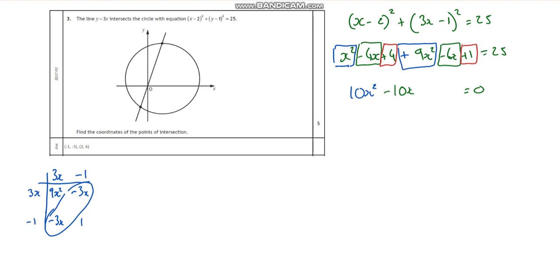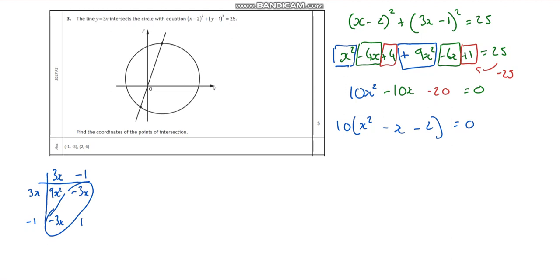So really what I should have just said, well, we can imagine, it's 5, take away 25, so it's negative 20, by pulling this one to this side, so negative 25. So 5 take away 25, negative 20, and we're thinking, yep, that was pretty good. I can take out my common factor of 10, so I've got x squared, take away x, take away 2 is equal to 0.